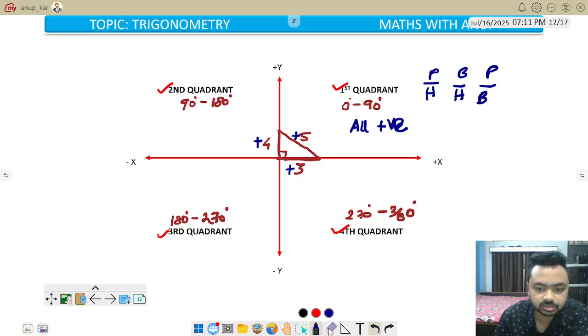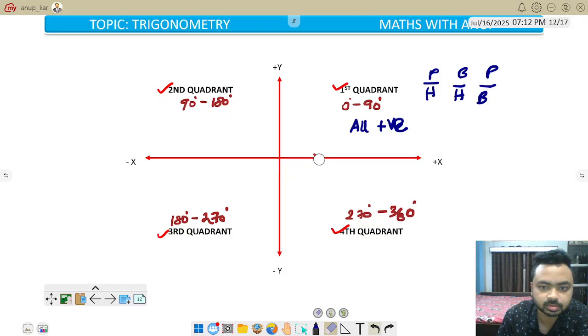Next, come to the second quadrant. Let's understand the second quadrant also. I will erase this one. In the second quadrant, let me join this part, and this is my right angle triangle.